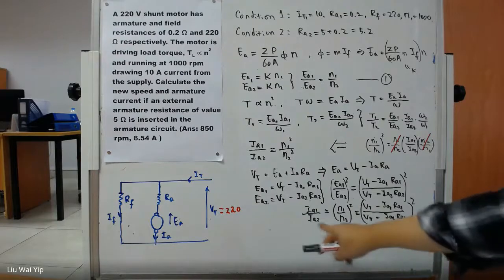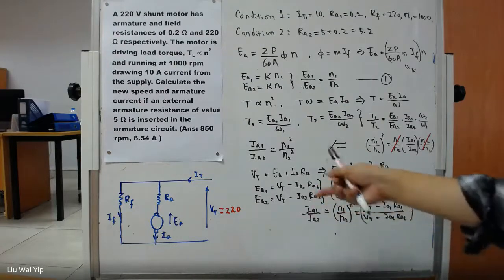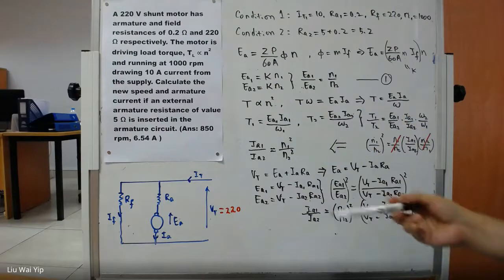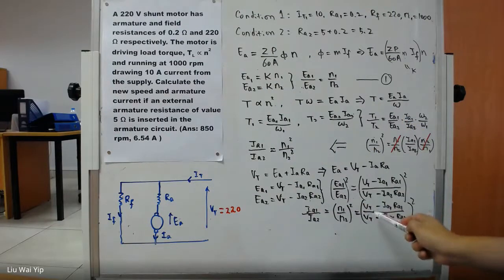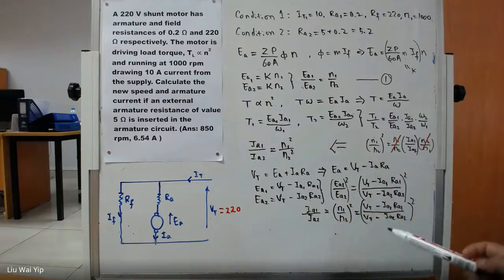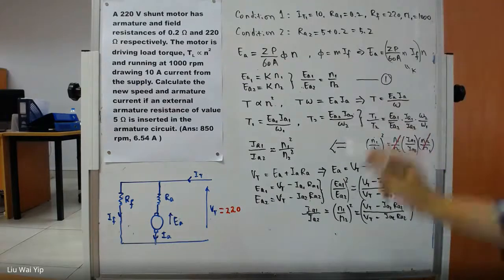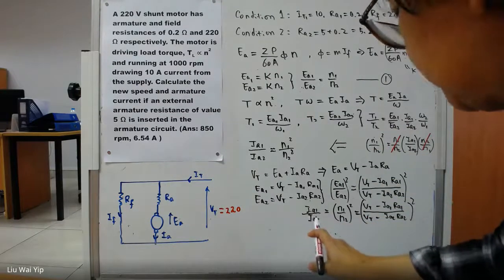This equation is enough to solve everything. First, we have IA1, and we have VT, we have RA1, and we also have RA2. So what we don't have in this equation is IA2. So now let's solve this problem and see what we can get.